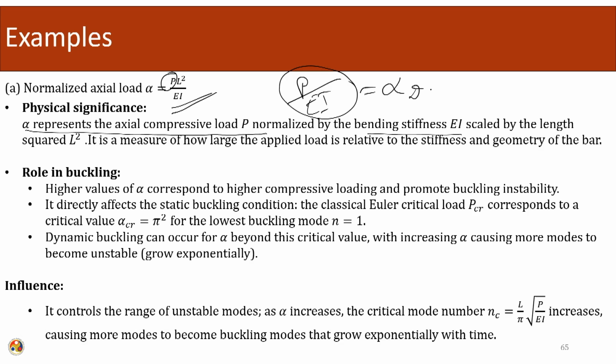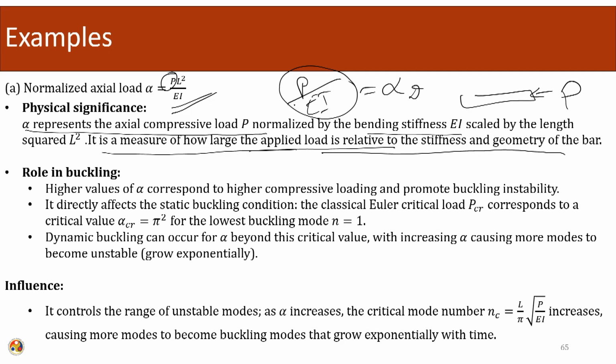So it is a measure of how large the applied load is relative to the stiffness and geometry of the bar. P is the applied load in the system, and EI over L square is the measure of the bending stiffness of the system. So the applied load is measured with respect to the stiffness of the system.